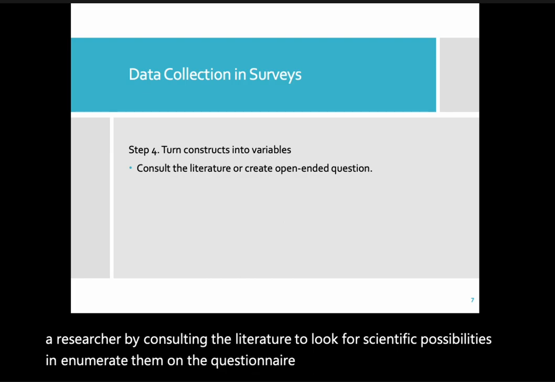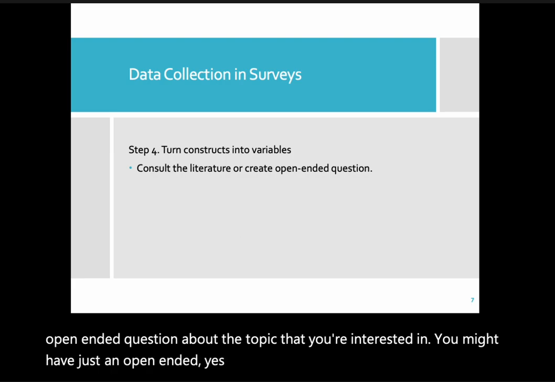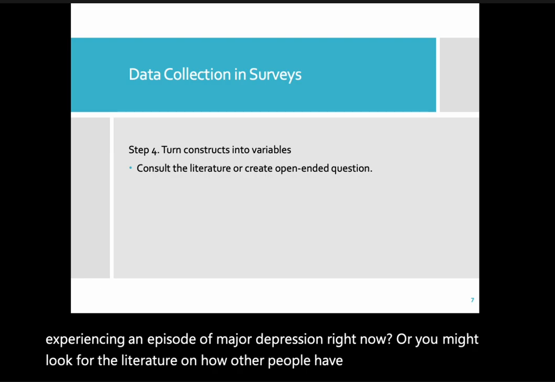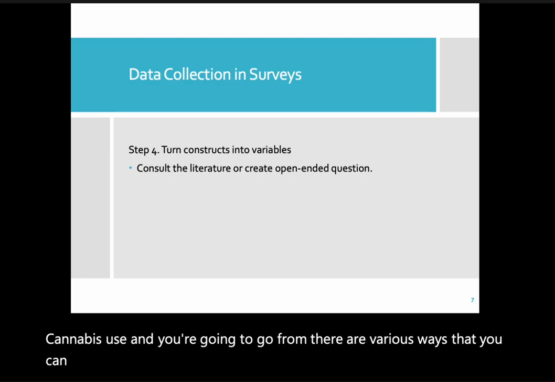So you create maybe a brief open-ended question about the topic that you're interested in. You might have just a yes or no question that says, are you experiencing an episode of major depression right now? Or you might look for the literature on how other people have measured cannabis use, and you're going to go from there. There are various ways that you can turn constructs into variables.